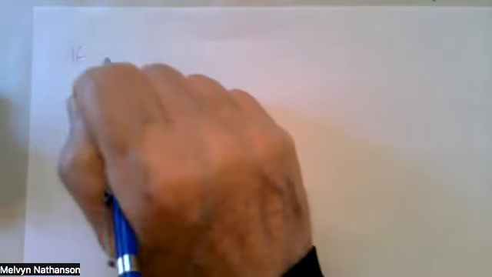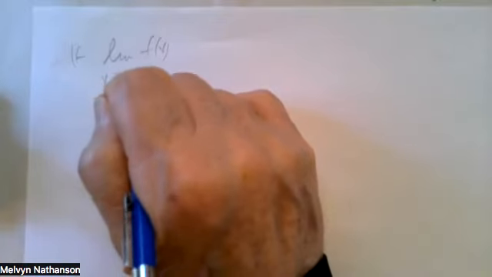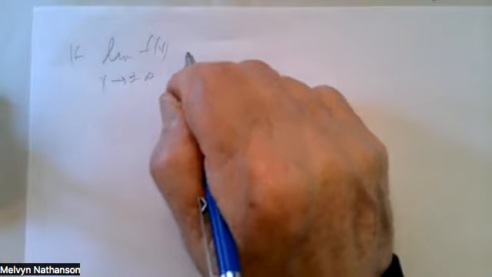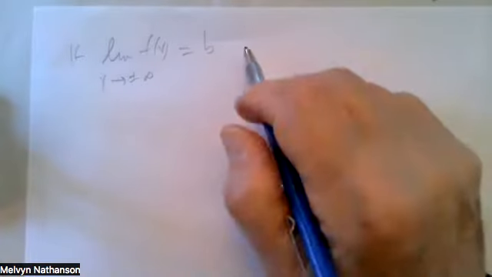So if the limit of f of x as x goes to either plus or minus infinity is equal to some number b, then we say f of x has a horizontal asymptote, or the line y equal b is a horizontal asymptote for the function.